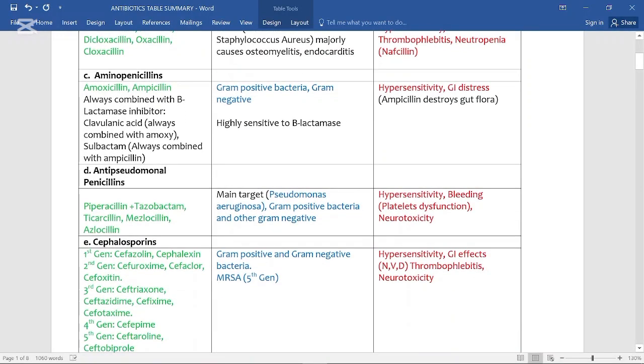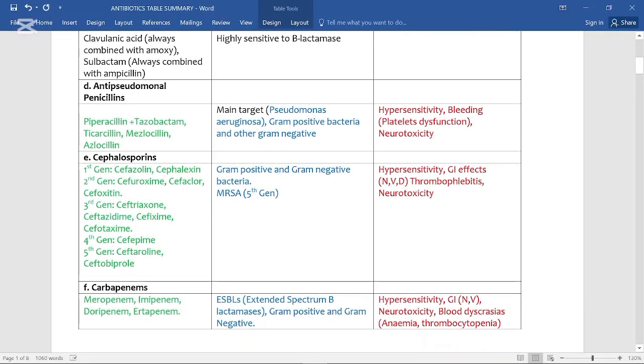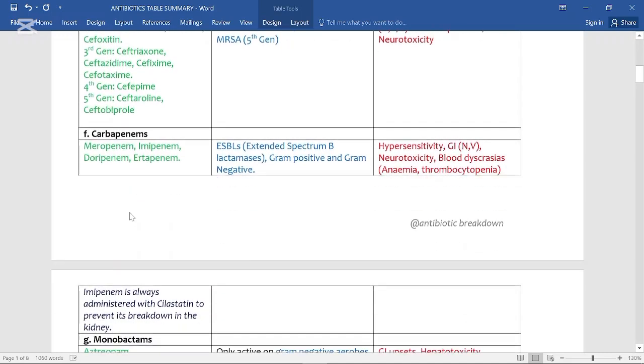We also looked at the anti-pseudomonal penicillins, the likes of piperacillin-tazobactam, ticarcillin, and mezlocillin. We looked at the cephalosporins, first gen, second gen, third gen, fourth gen, fifth gen, and here we basically focused on ceftriaxone. Very good drug when it comes to dealing with bacterial meningitis. We also looked at the carbapenems.